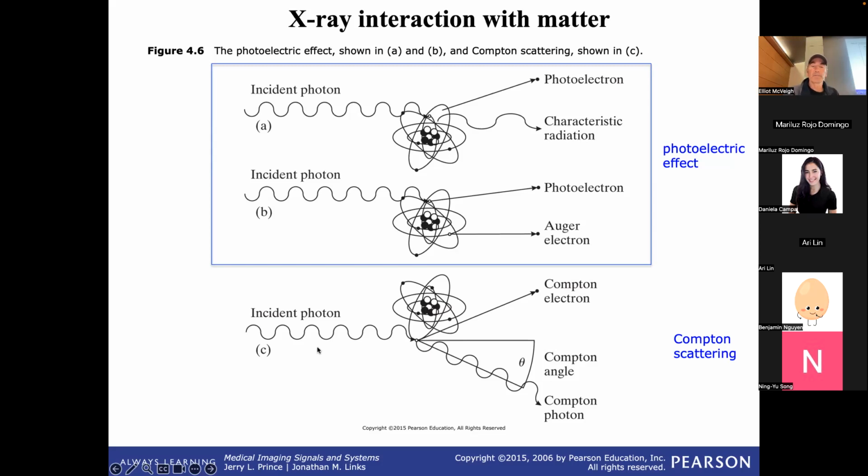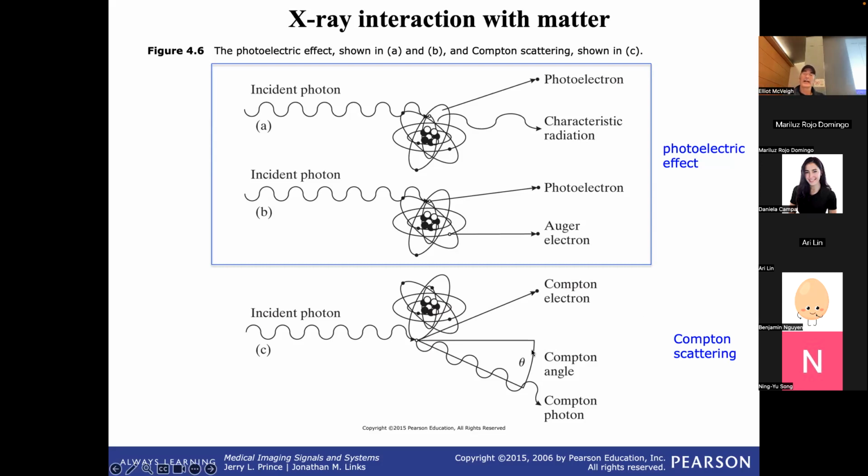Another, and this is most, I think, of the interactions with matter that we're going to see at the energies we're working at, is this process called Compton scattering, okay? So a photon comes in, hits an electron, the photon itself is scattered off at an angle, right? And then the Compton electron gets shot off into the object.